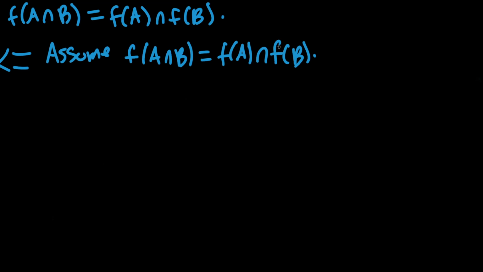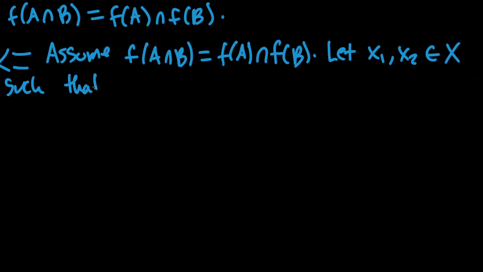We want to show that f is injective based on this fact. So let x1 and x2 be elements of X such that their images are equal. So we'll say f of x1 equals f of x2.